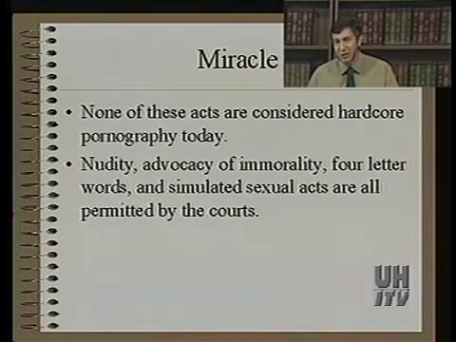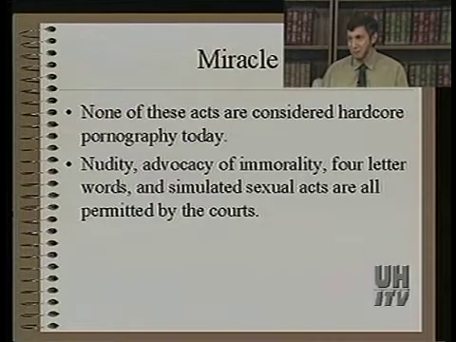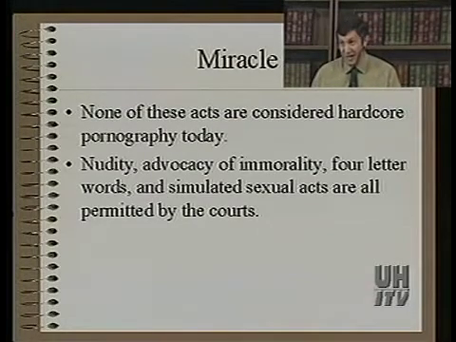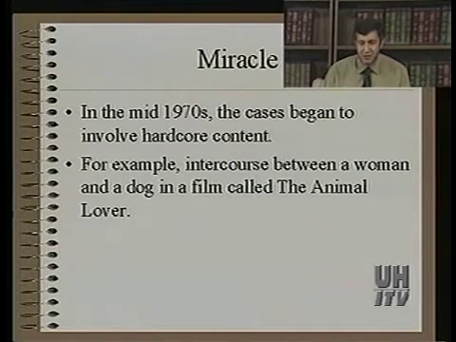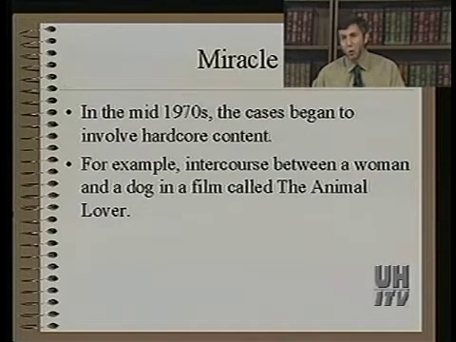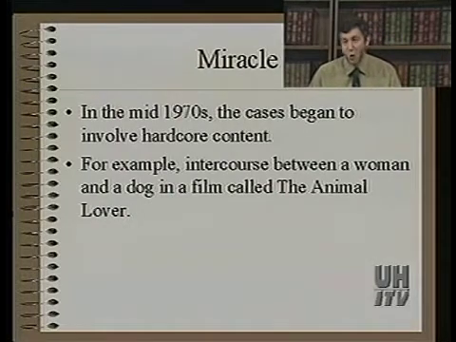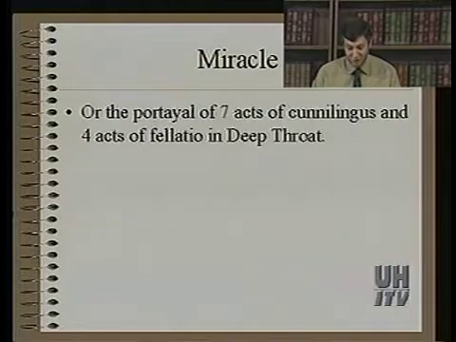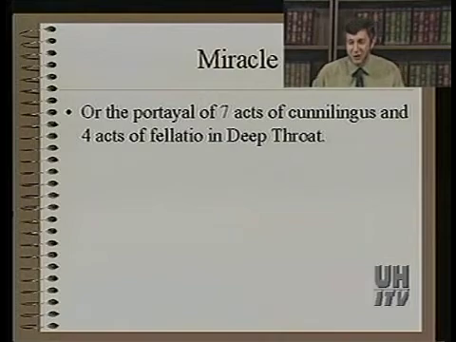Nudity, advocacy of immorality, four-letter words, simulated sexual acts, all these are permitted by the courts and cannot be banned as obscene. It was in the mid-1970s that the courts began to hear cases involving hardcore content. For example, actual intercourse between a woman and a dog in a film called The Animal Lover, or the portrayal of 7 acts of cunnilingus and 4 acts of fellatio in the film Deep Throat.